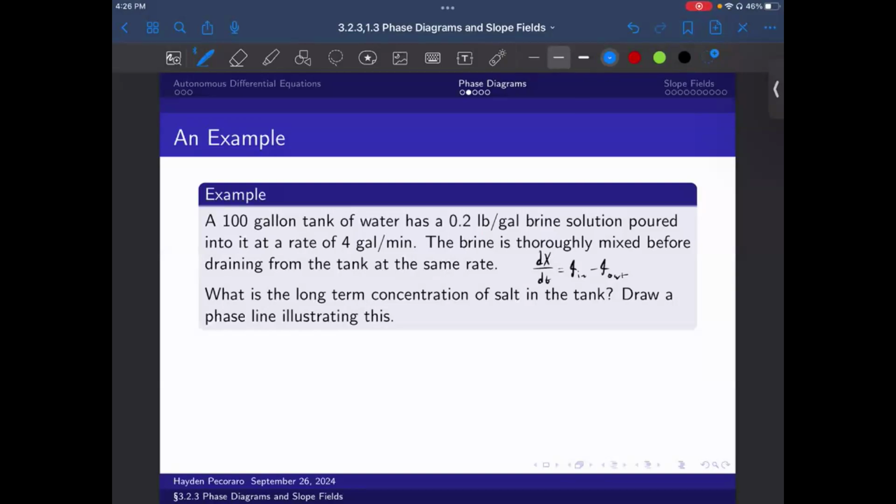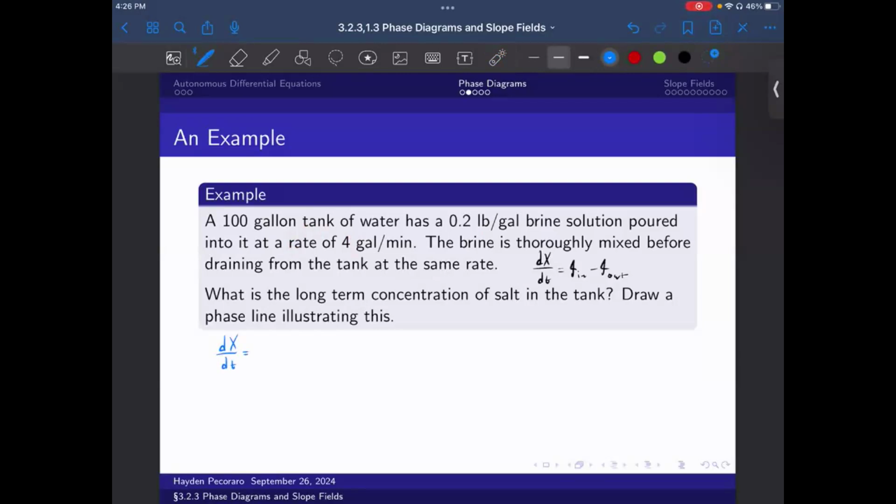We should have dx/dt equals something. And let's let x be the amount of salt, by the way. Okay, so I'm guessing not.